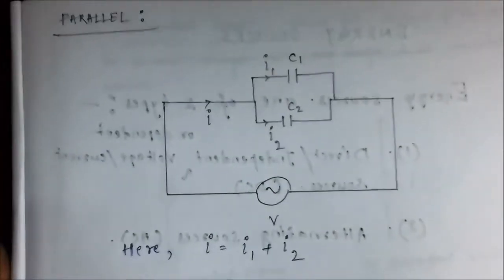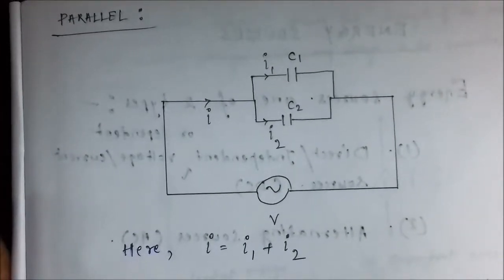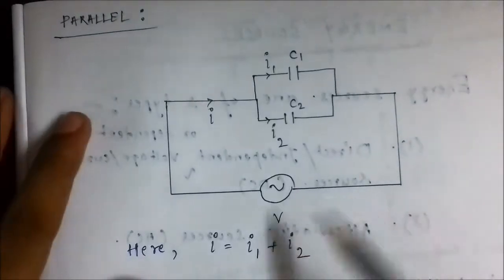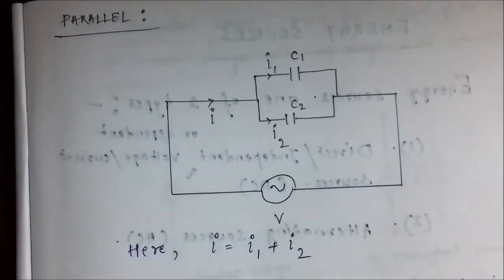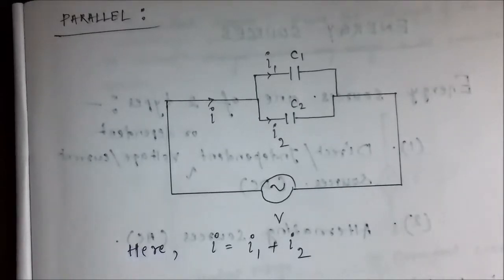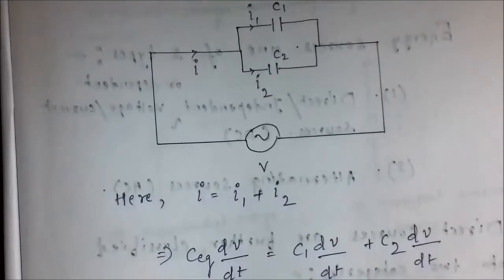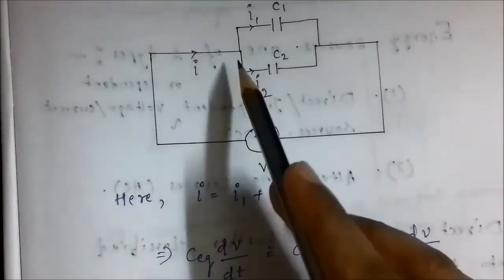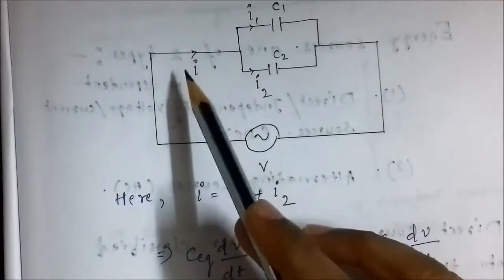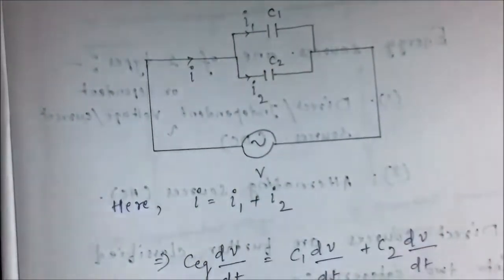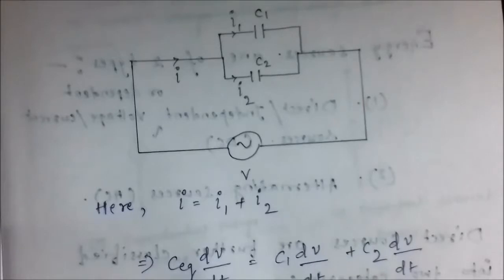Now next comes the parallel combination of capacitances. Same thing, two capacitors are connected in parallel with their two ends connected to the same two terminals of the AC voltage source V, and first of all Kirchhoff's current law is applied at this point, where the net circuit current gets separated into two currents, I1 and I2.